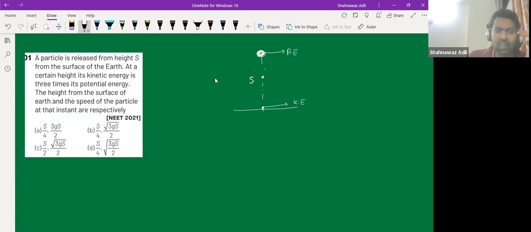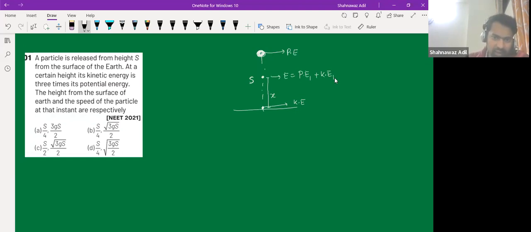In this question, they are saying that at a certain height, let's say this height is x, the height from the surface of the earth and the speed of the particle are asked respectively. At a certain height, its kinetic energy is three times its potential energy. So the total energy in here would be some potential energy, let's say 1, plus kinetic energy 3.